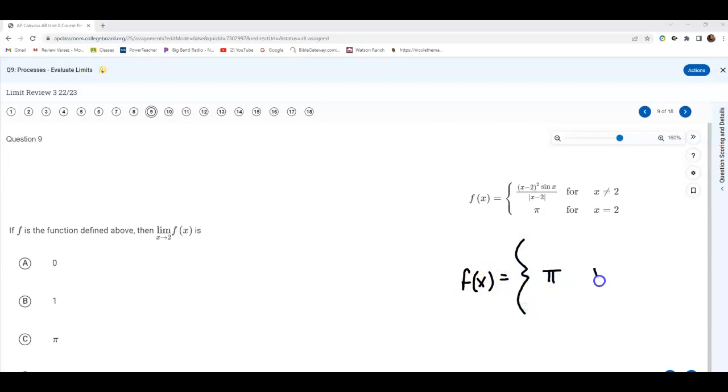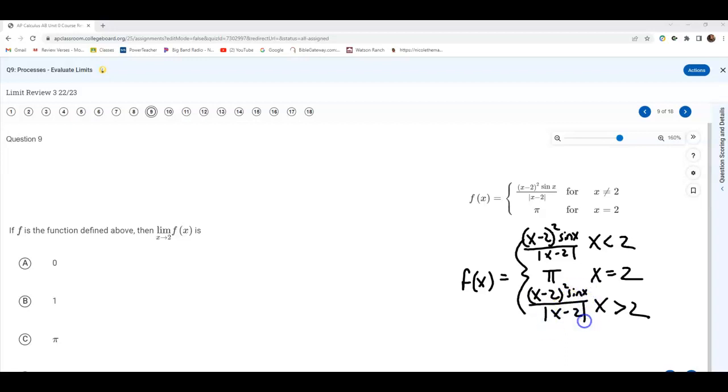The one where it tells you what it is at x equals 2 goes in the middle. And for all other values of x, it's the other function, which means that for x less than 2 and for x greater than 2, we're using this guy.